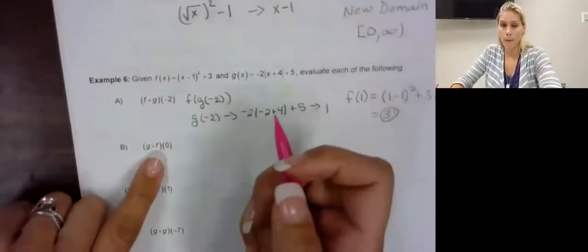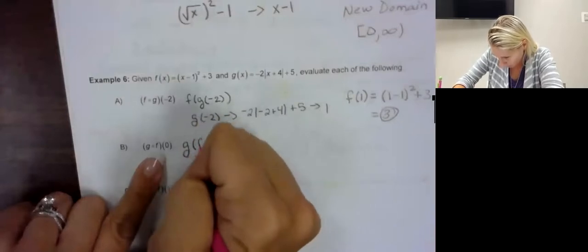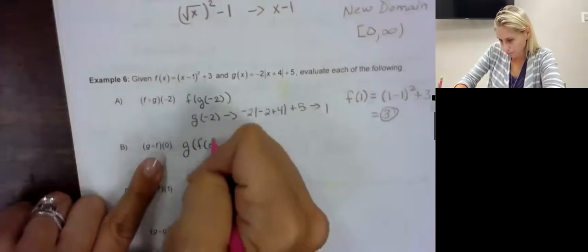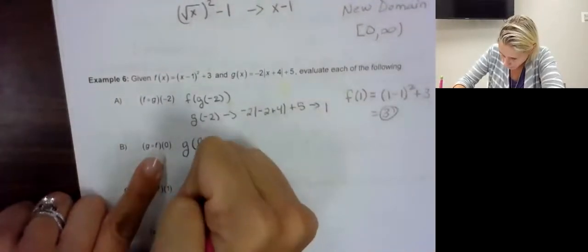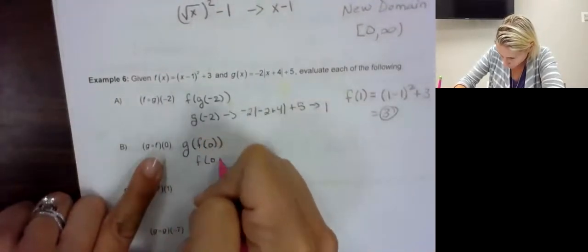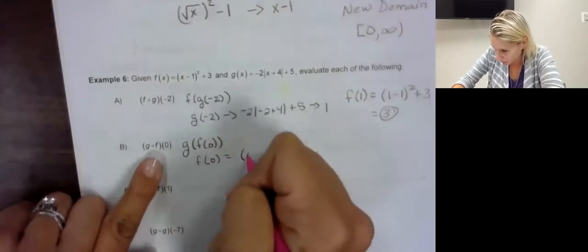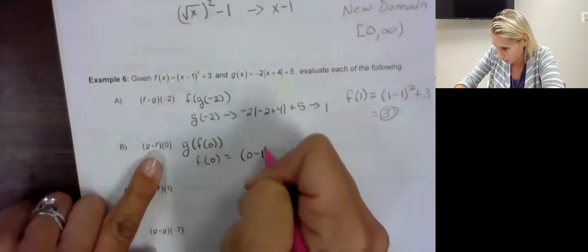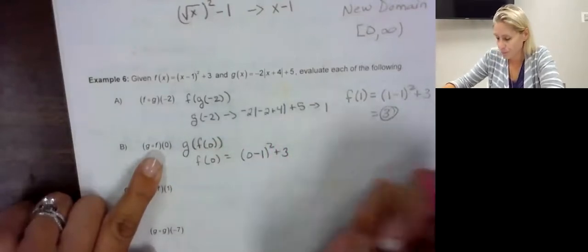All right, remember the order. This is g of f of 0. Inside first, so f of 0. I'm replacing x with 0 for the function f. Remember that you're grabbing the right function.